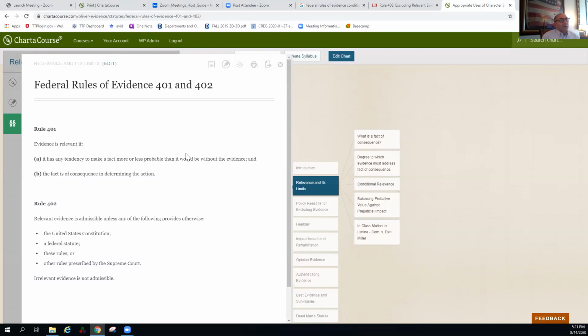So when we talk about relevance, it's governed by two rules, essentially, 401 and 402. 401 says that evidence is relevant if, A, it has any tendency to make a fact more or less probable than it would be without the evidence, and B, the fact is of consequence in determining the action.